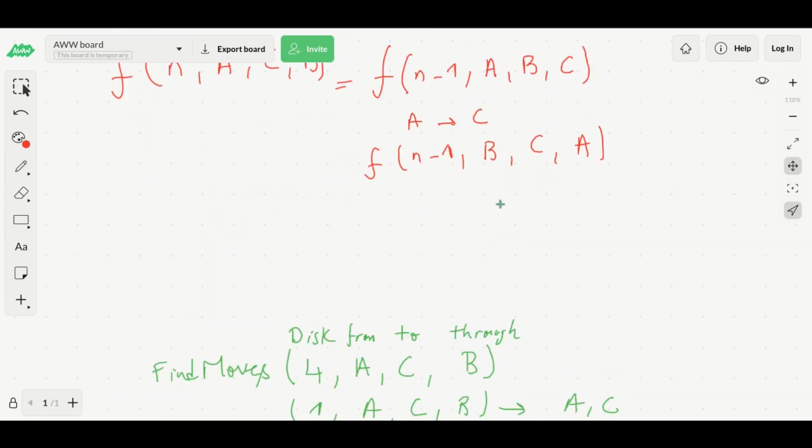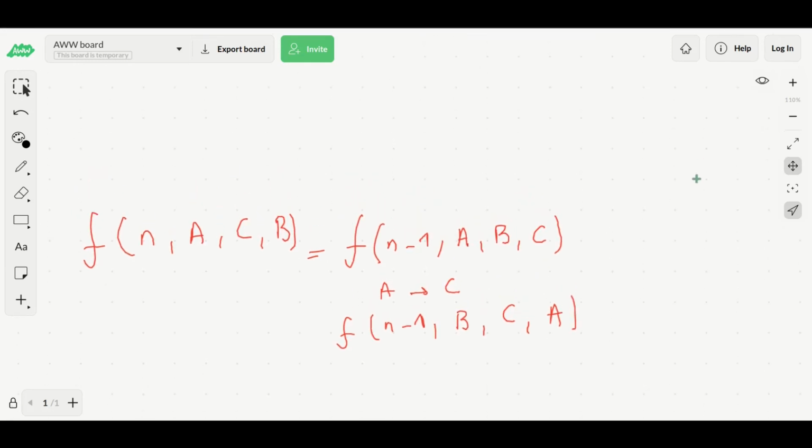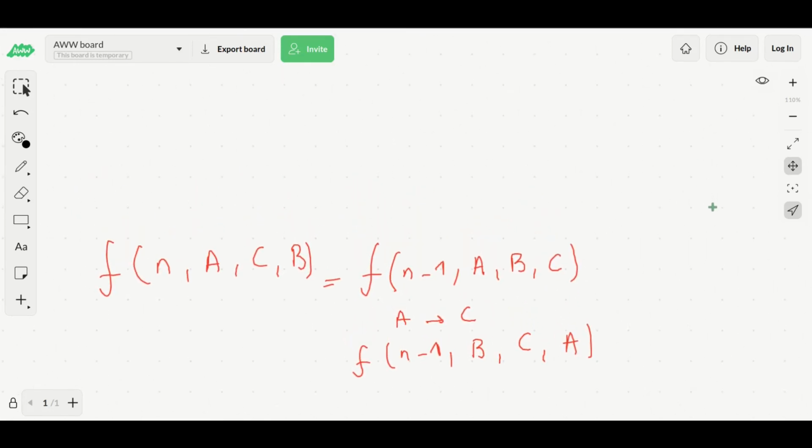So this is pretty much it, and this gives us a way of calculating the actual number of moves we would require. First of all, this solution, the way we constructed it, has to be the minimal solution.